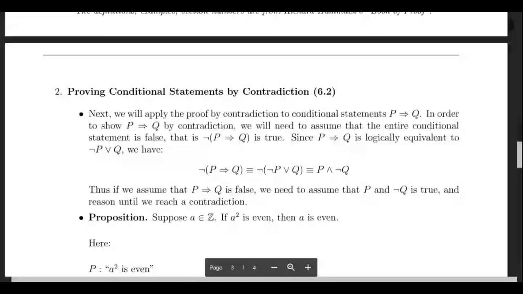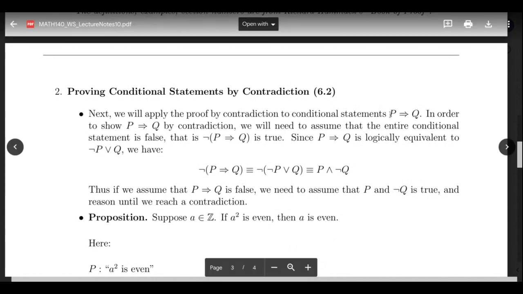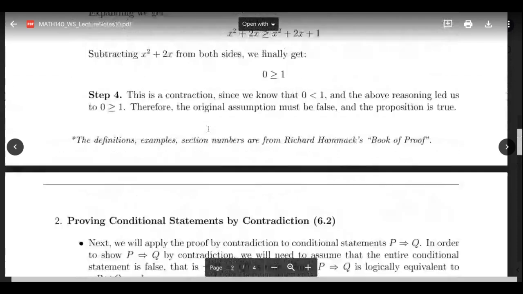Okay, proving conditional statements by contradiction. Yeah, we negate the whole proposition. You are right. You see, in both cases, we negate the whole proposition.